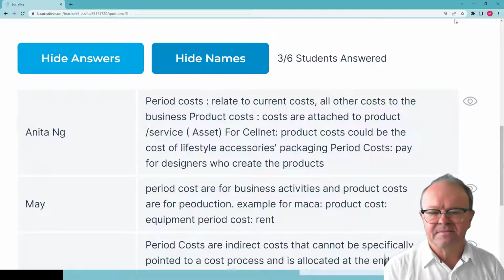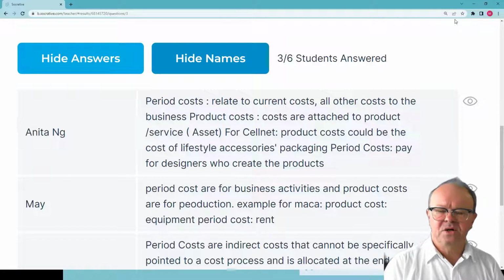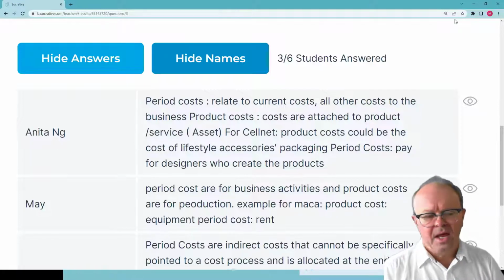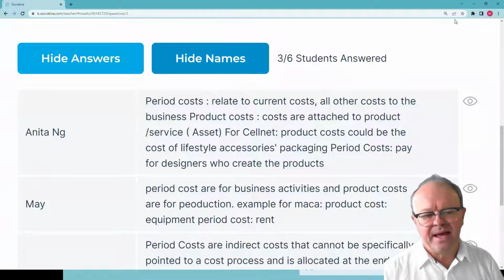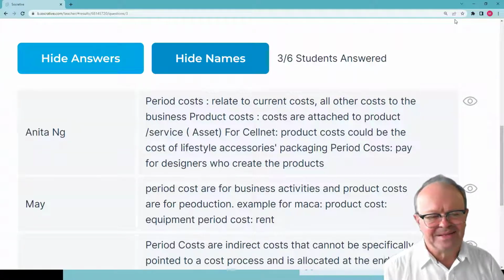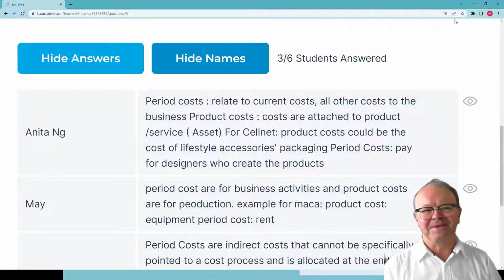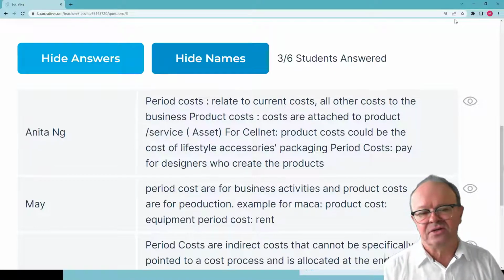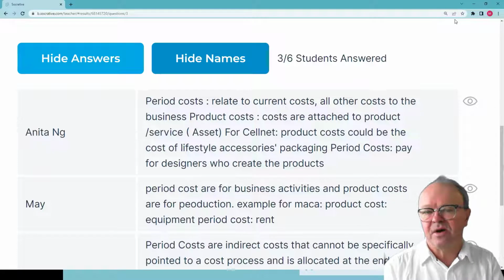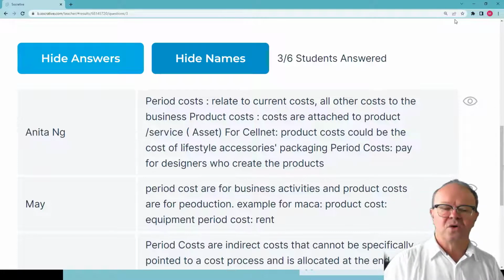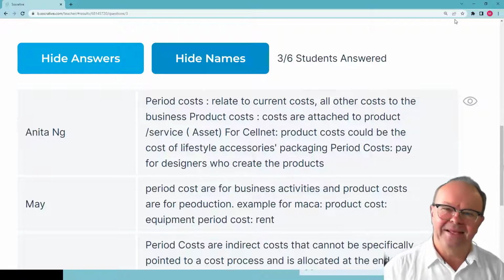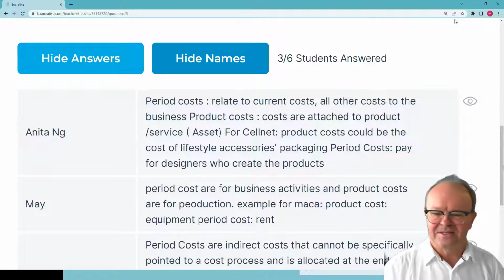So Macca's, it's a mining services company, isn't it? If it's providing certain services to a mining company, which involves use of some heavy equipment, then those equipment costs it would definitely be allocating to the cost of those services that it's providing. So that's a good example.